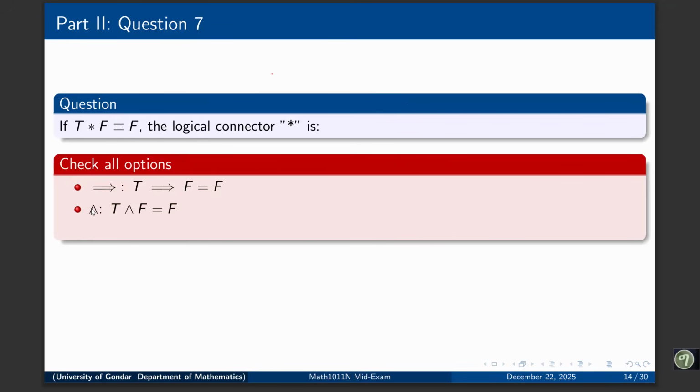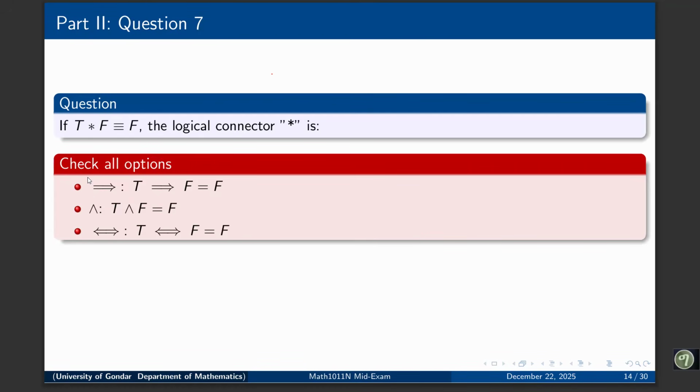The next logical connective is simply and. If we replace this star by and, we know that true and false is false, which is identical with this one, so the logical connective and can replace the star.